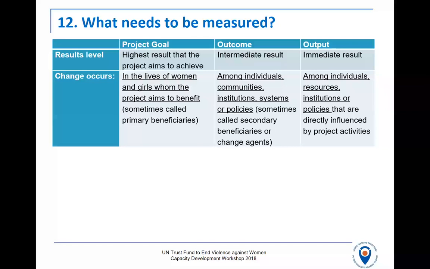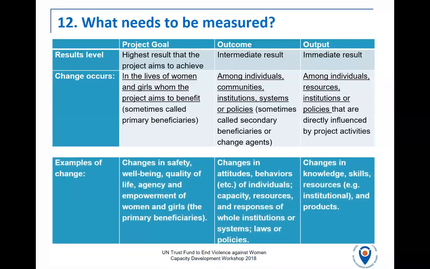And at output level, it's those things that you're directly influencing as an organization. And the change is usually, again, around individuals, resources, institutions, or policies. But it really depends on your project. But you will need to measure change at each level. So I've given some examples there.